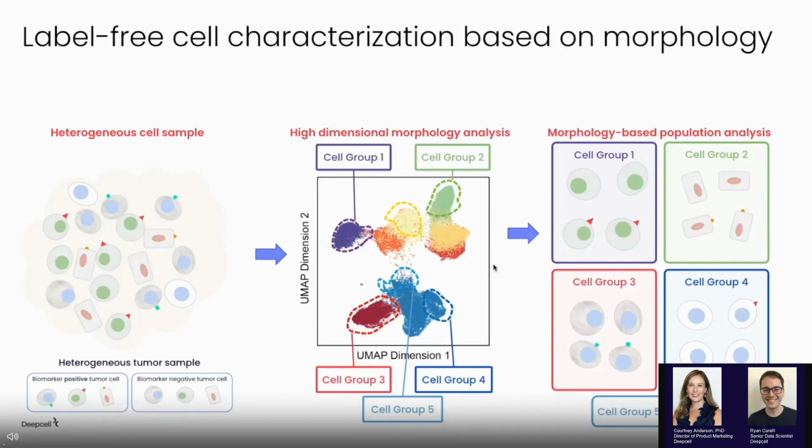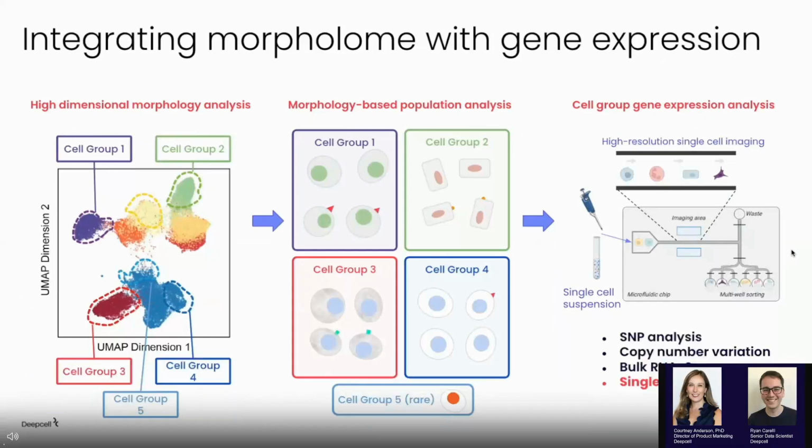Now, these morphological groups may correspond well with the biomarker, or in many cases, they'll offer additional information on top of the biomarker. With REM-I, we can sort each of these morphology-based cell groups. Then the cells can be subjected to molecular assays to assess the functional significance of these cell groups.